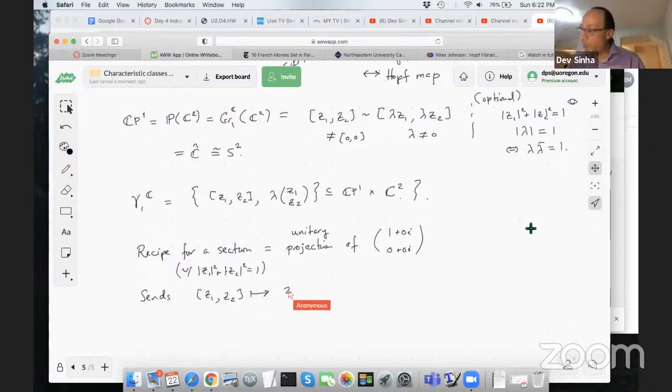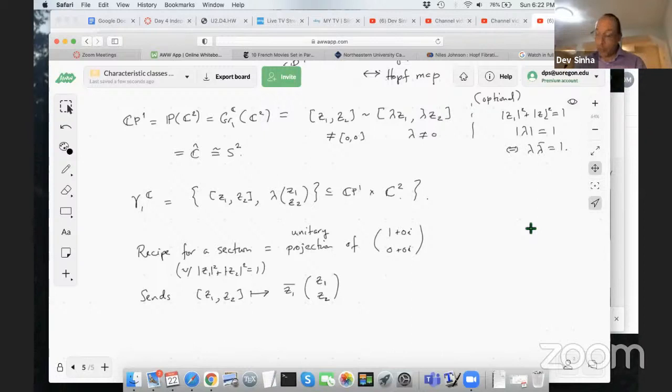It's going to be Z1 bar. When I project, you might think the projection of 1, 0 is just Z1. That's true. That's a formula in the real case. The projection in this case is Z1 bar times that particular choice that I've given for the equivalence class Z1, Z2.